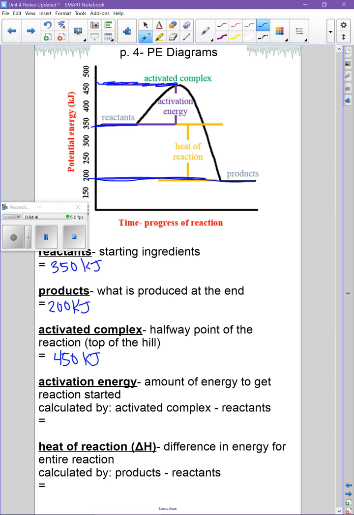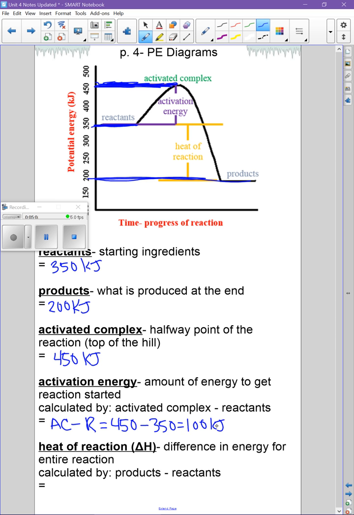Now if I want to do the activation energy, I like to abbreviate this formula. It's activated complex minus reactants. So the activated complex is the top of this hill at 450 kilojoules, minus the reactants, which started at 350. So that means the activation energy here is 100 kilojoules.